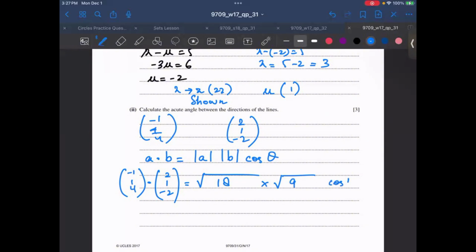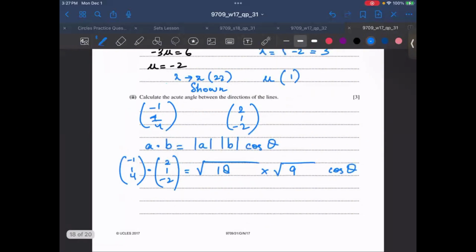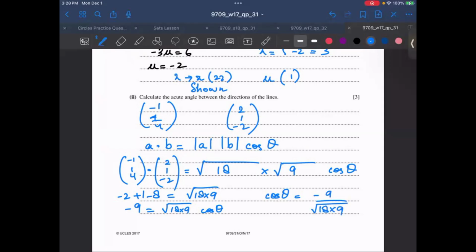cos theta. On the left hand side, we'll have minus 2 plus 1 minus 8 is equal to root of 18 times 9 cos theta. Minus 2 plus 1 is minus 1, minus 8, which is minus 9, is equal to root of 18 into 9 cos theta. So cos theta is equal to minus 9 divided by root of 18 into 9.